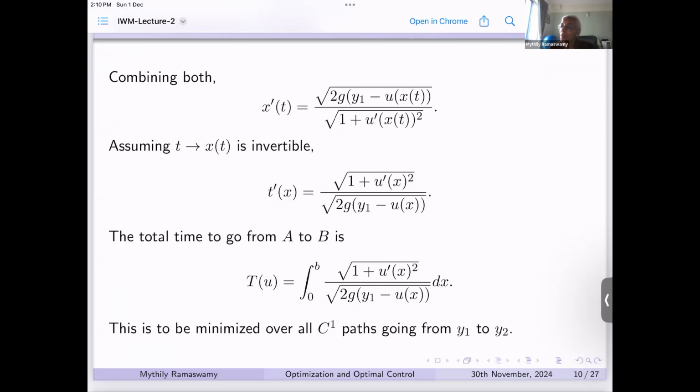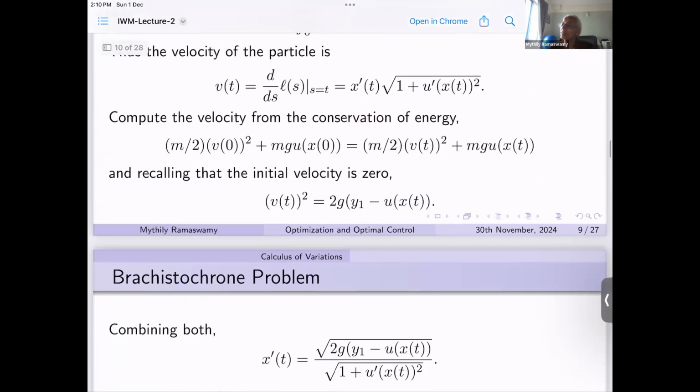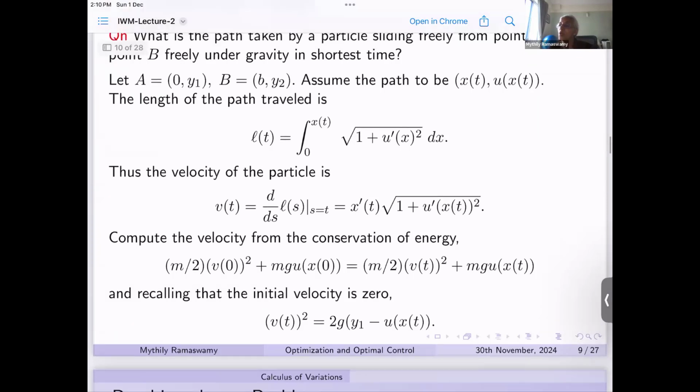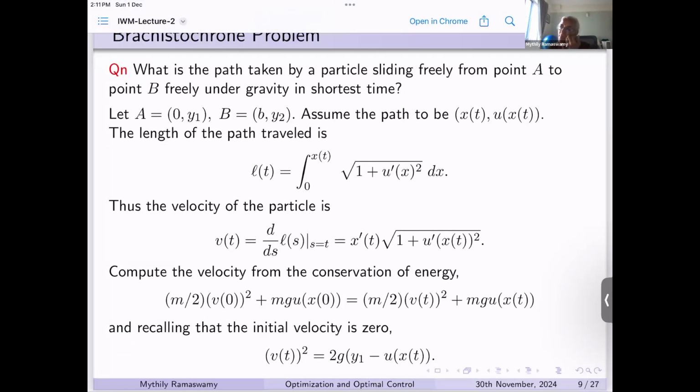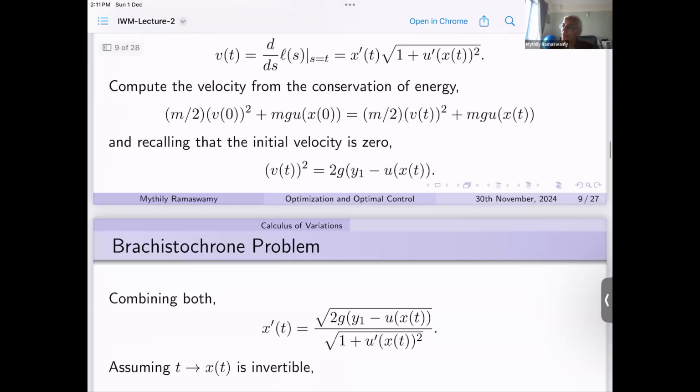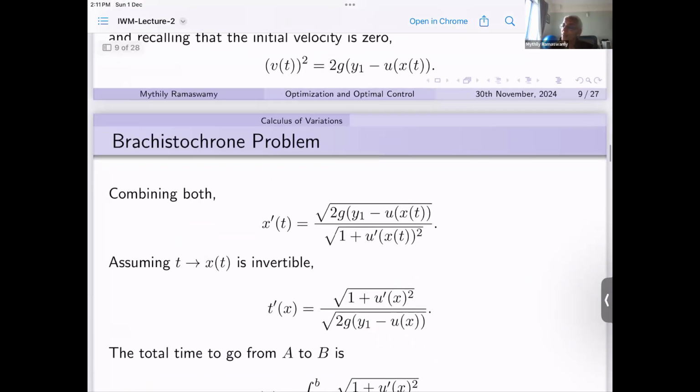Now, what is u? We are assuming the curve to be (x, u(x)). So the x coordinate is parameterized like this, and this is the y coordinate, and the points are capital A is (0, y1), and capital B is (b, y2). So that is why we are integrating from 0 to b.